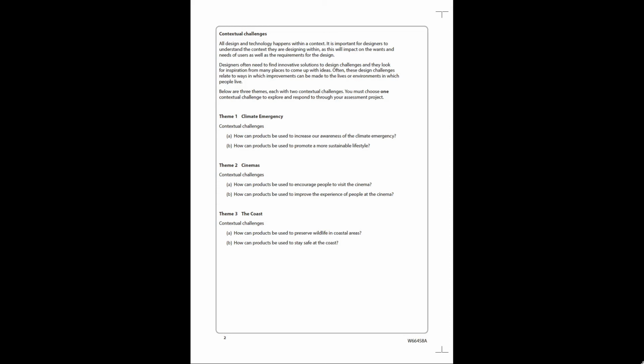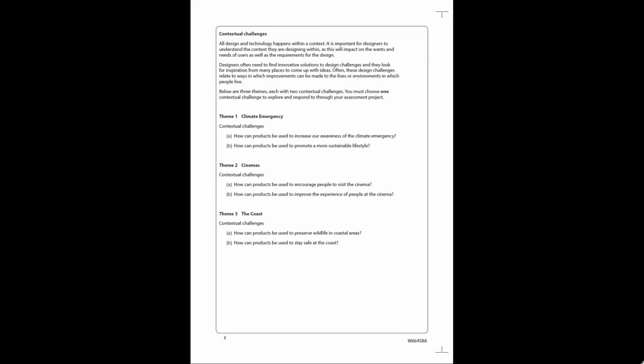Then maybe consider what wildlife, plants and animals are maybe in need of preservation in coastal areas. And then knowing that, you could then look at what products, again physical products, could you make that would help preserve that wildlife. Don't be too broad on this. Pick a particular plant or animal, I think, and focus on that.